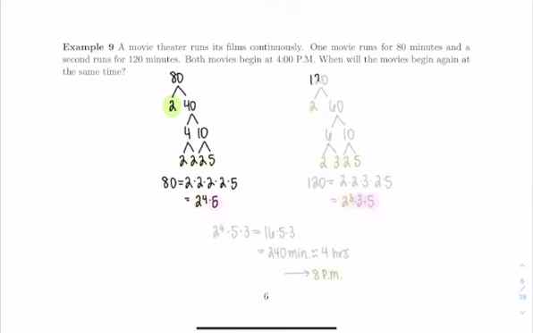Let's do 120 minutes as well. 120 is 2 and 60. And 60 can be broken down as 6 and 10. 6 is 2 and 3, and 10 is 2 and 5.